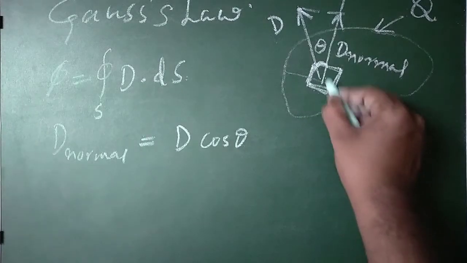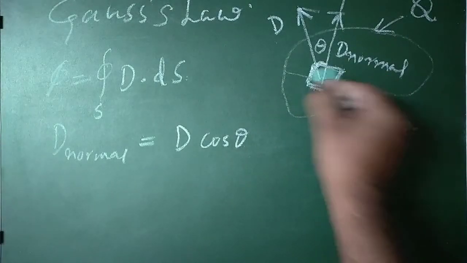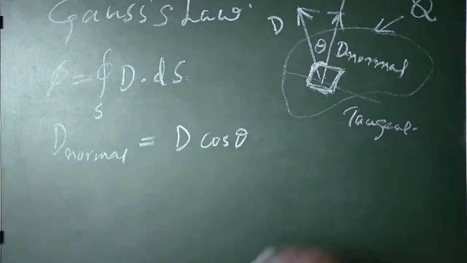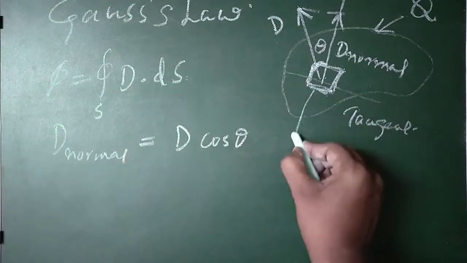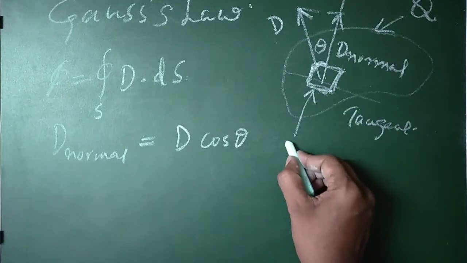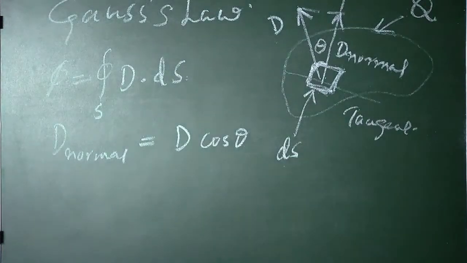In our case, we just consider a small surface area here on the closed loop. Then for this, surface area is dS.